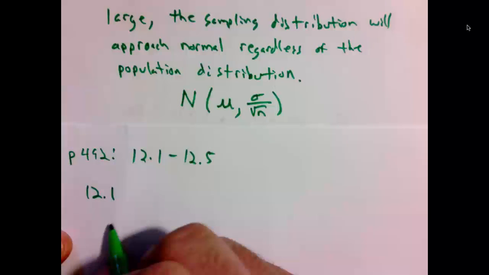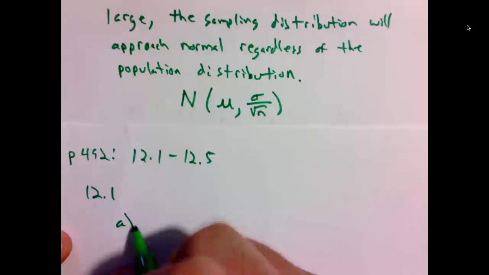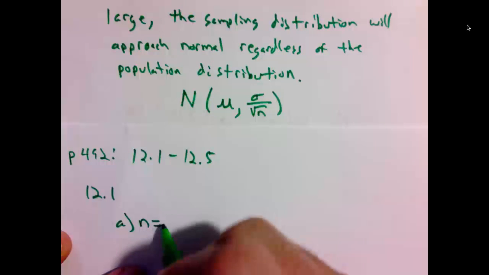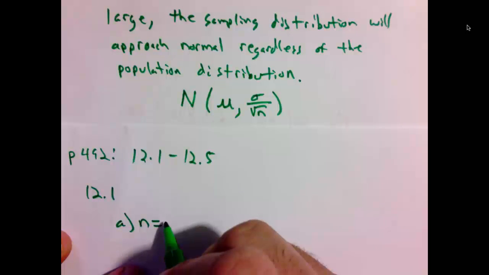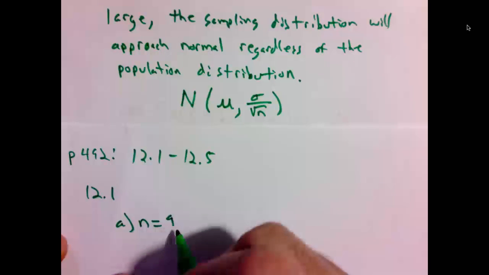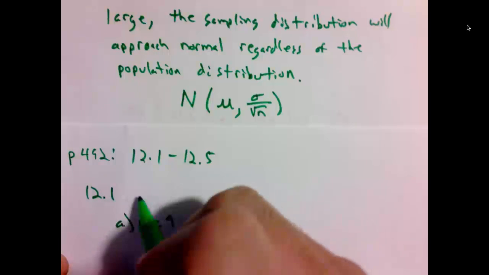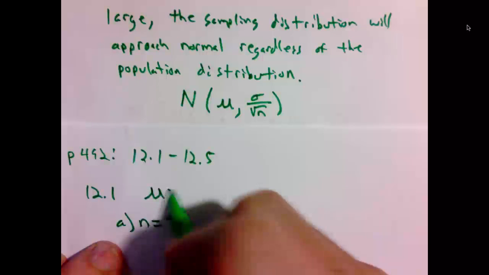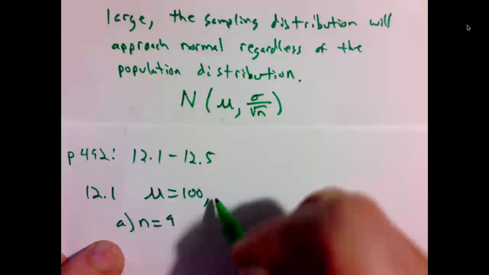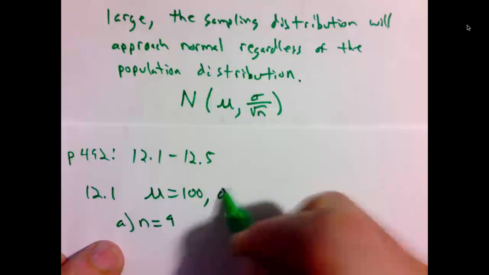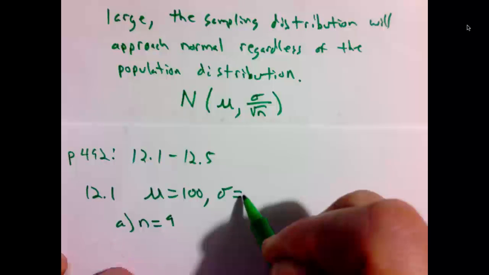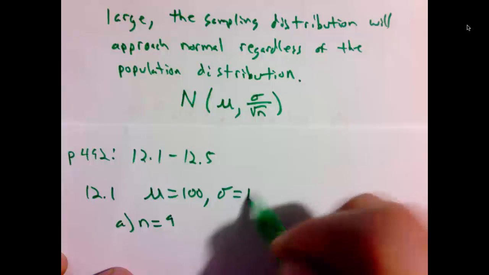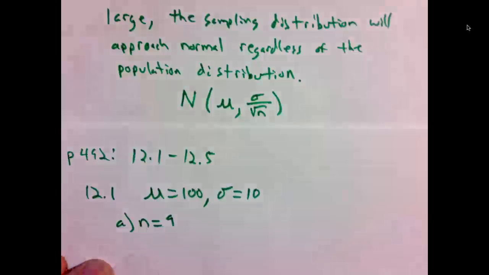So, for A, they give us that n is equal to 9. All right. And for all of these problems, we are given that the mean is 100 and the population standard deviation is 10. Okay, so we're just going to employ our Rule 1 and Rule 2.